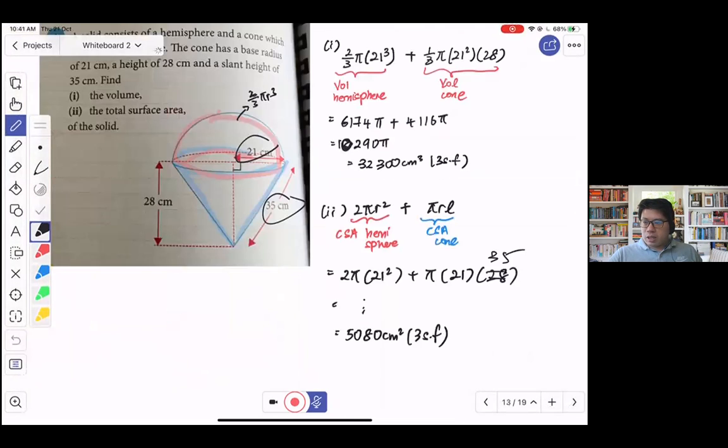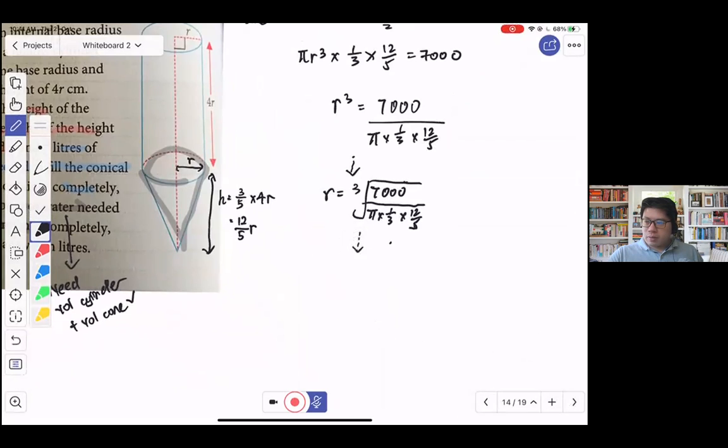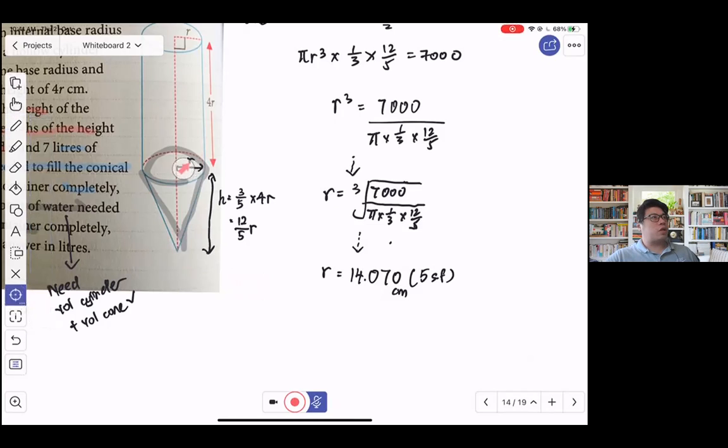Your radius should be, after calculation, approximately 14.07025 cm. This is your radius, right? So this radius tells you that it's the radius for the cone, and it's also the radius for the cylinder.